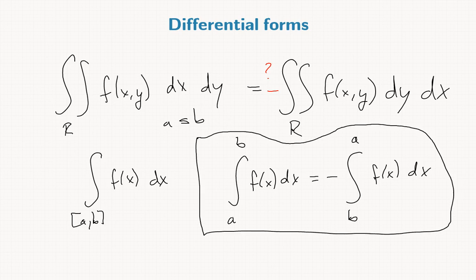So you're not just integrating over an interval from a to b, you're integrating over an oriented interval. So integrating this way is different. Specifically, it's the negative of integrating like this. And so that's what's going on here.